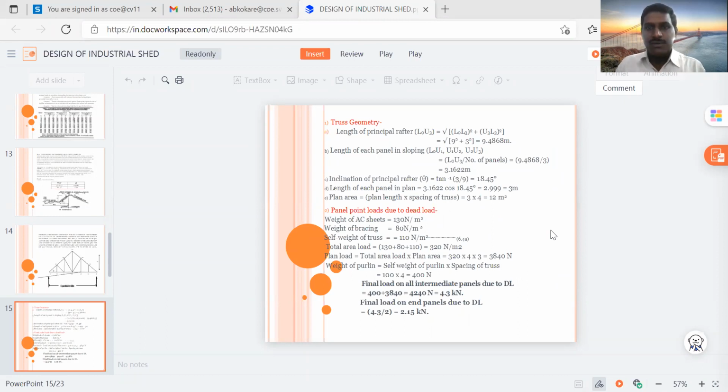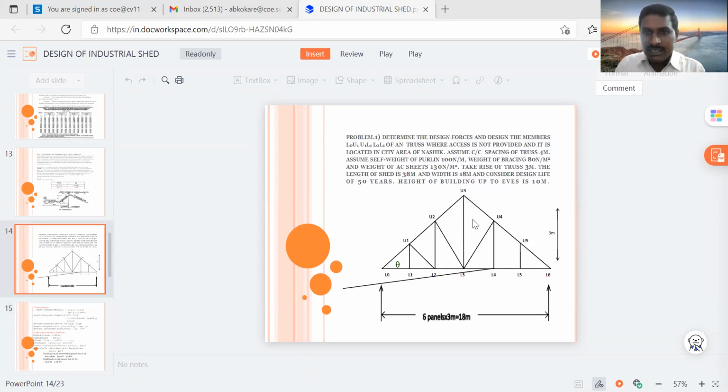Here the span of truss is 18 meter and the height of truss is 3 meter, given. So this inclined length, L0 to U3, is an inclined length, and U3 to L6 is another inclined length. That inclined length we have to calculate by using the span and height.